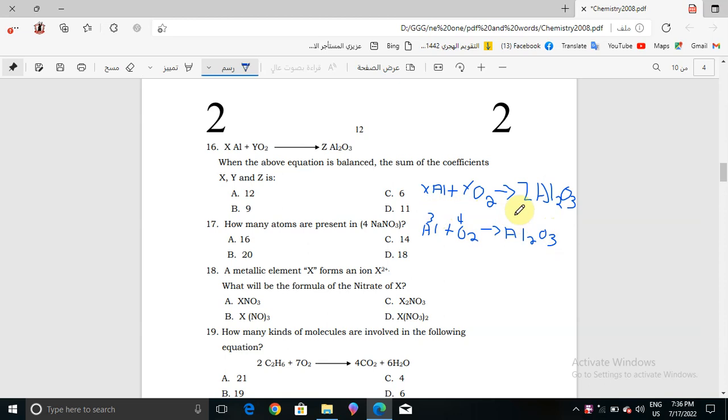The valence number of aluminium here is 3, then 3 times 2 it will be 6. The valence number of oxygen is 2, so 2 times 3 it will be 6 also. So what is the LCM of 3, 4, and 6? It will be 12, right?